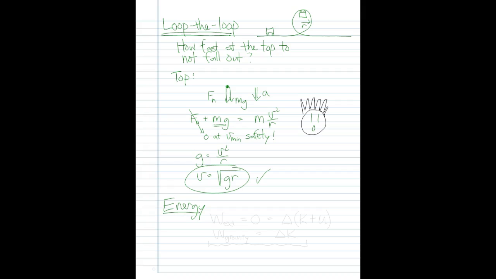And so when you're doing energy problems, the basic idea is this: if you have no work that's done on a system that's external to the system and done by some non-conservative force, then you can say that the external work, or the non-conservative work, is equal to zero, which means that the change in the potential plus the kinetic is equal to zero.